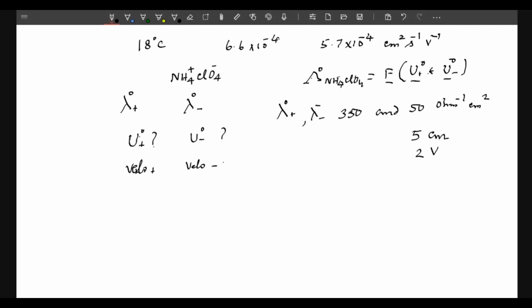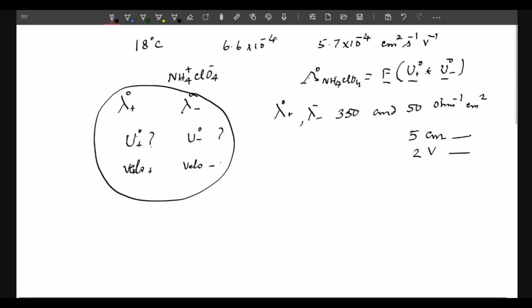They have given the electrodes are 5 centimeter apart from each other and 2 volt. Looking at what is given and what is asked, you can relate which equation to be used: equivalent conductance and ionic mobilities.